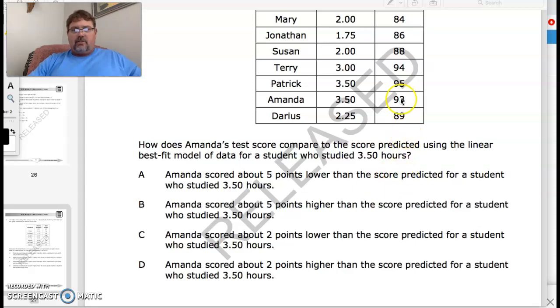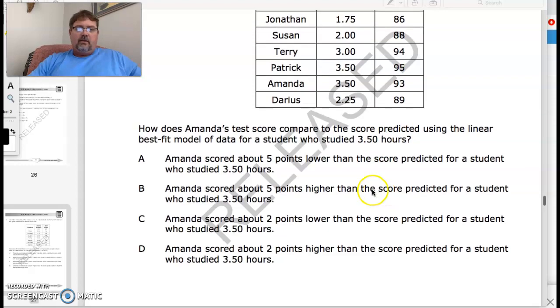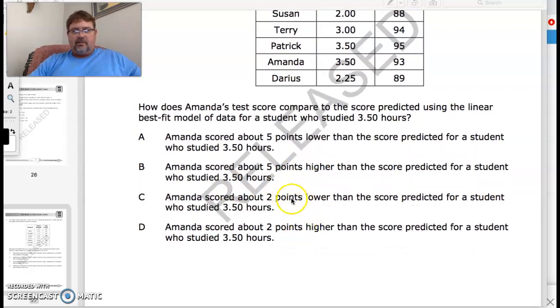She scored actually 2 points lower than the prediction, or not even quite 2, but then we could round. Amanda scored 5 points higher, not true. So we come right down here to see either C or D because they're talking the 2 points, right? Amanda scored about 2 points lower than the score predicted for a student who studied 3.5 hours. That's true, right? Amanda scored about 2 points lower.